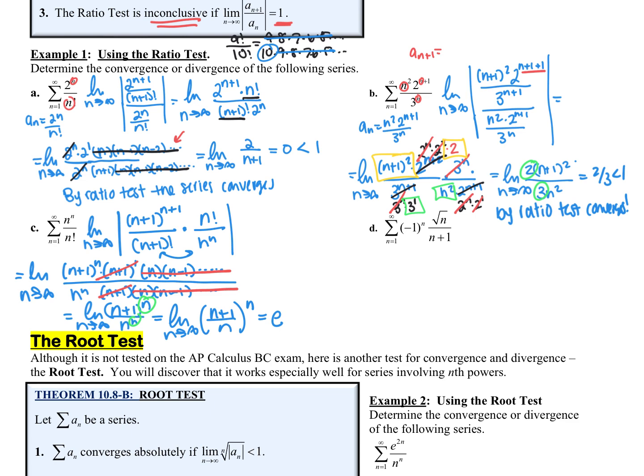It is the limit as n approaches infinity of this function. If you look up what e is equal to, it's equal to this limit. And that is greater than 1 because e is approximately 2.7 something. And so this would diverge by the ratio test.